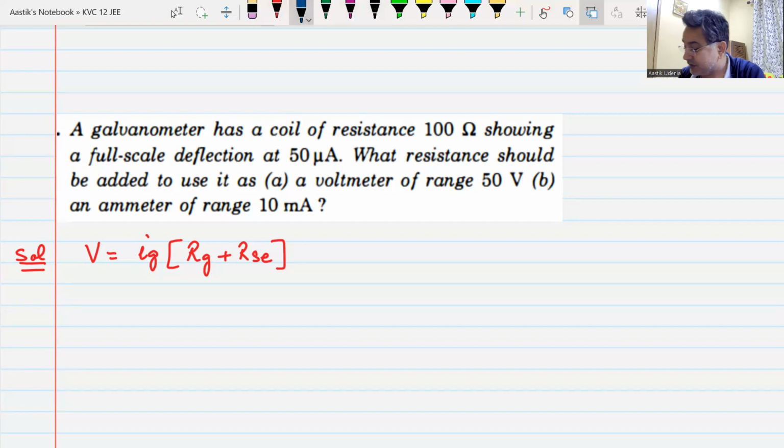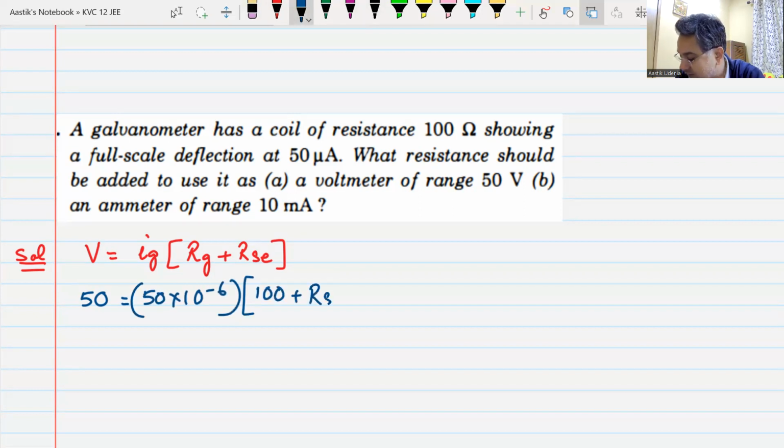V, the range of the voltmeter, is 50 volts. That should be equal to the full scale deflection current, that is 50 into 10 raised to the power minus 6, into Rg. The galvanometer resistance is also given, 100 ohms, plus R series.